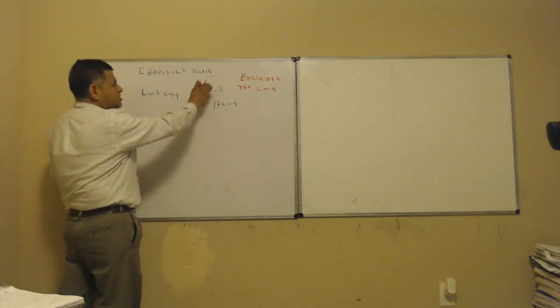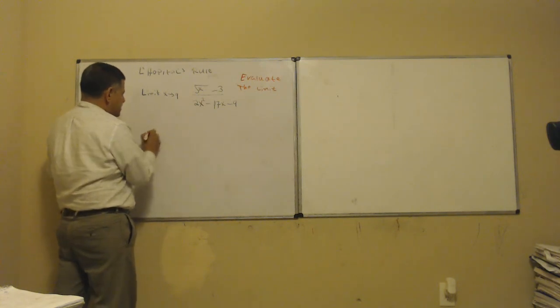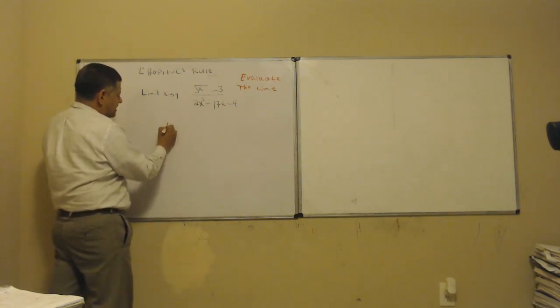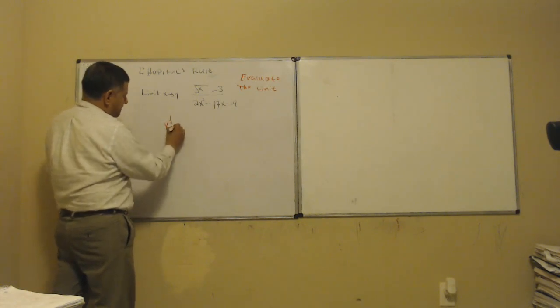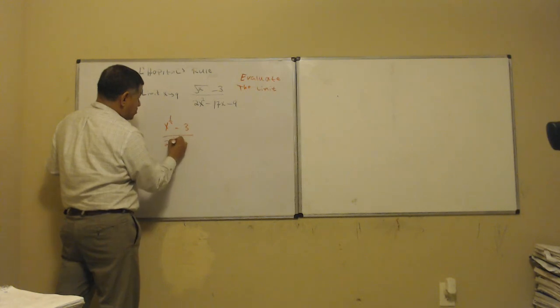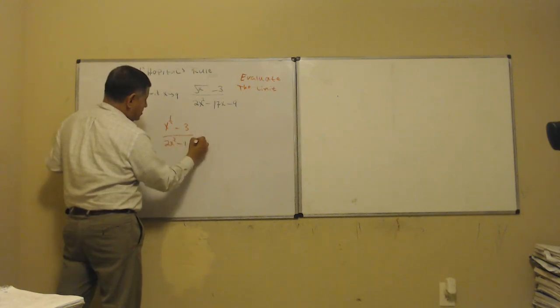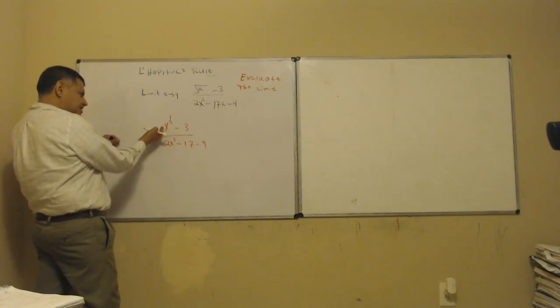Right now it's under the square root, under the radical, so we don't have an exponent. So now we make it x to the 1/2 minus 3 over 2x squared minus 17x minus 9.